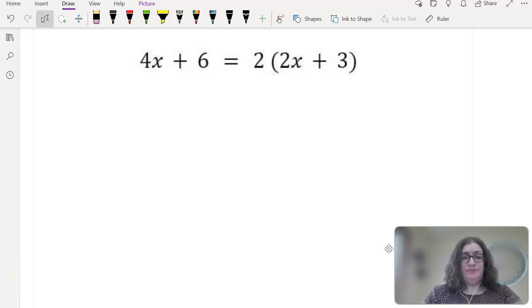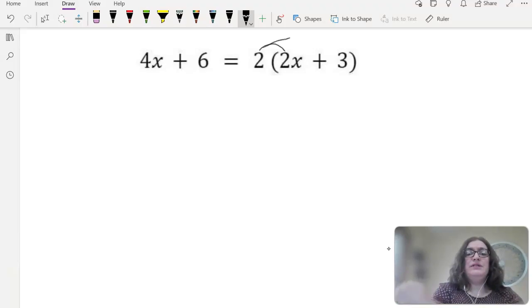So this one, I'm going to follow the same steps that I've been following. I'm going to simplify the left side and simplify the right side. In this case, 4x plus 6, there's nothing for me to simplify there. But on the right side, I can absolutely distribute in. 2x times 2x becomes 4x, and 2x times 3 becomes 6.